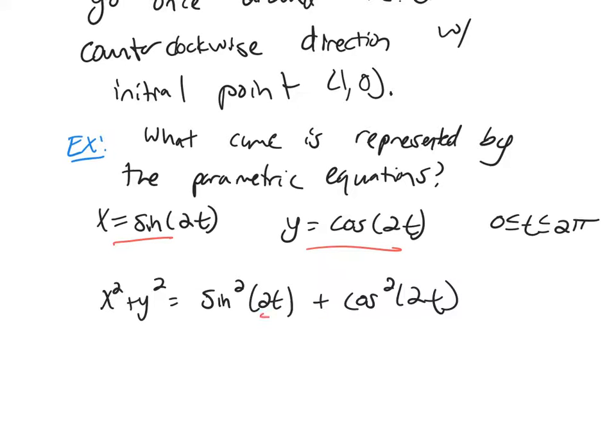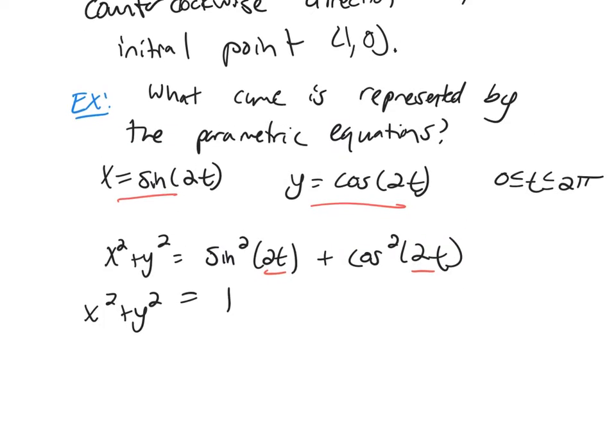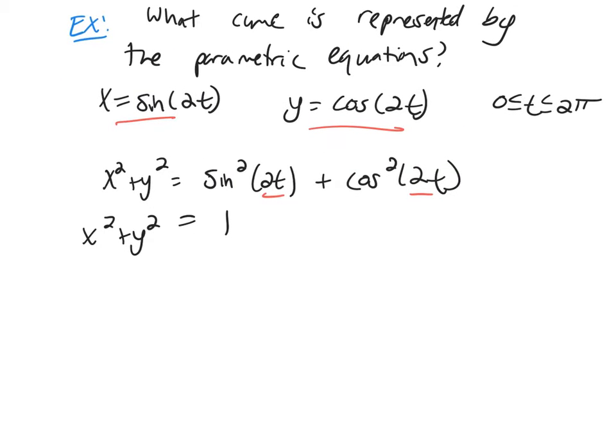And because these are both 2t, sine squared plus cosine squared will be 1. So I know that this is still going to be the unit circle, but let's see what's changed.